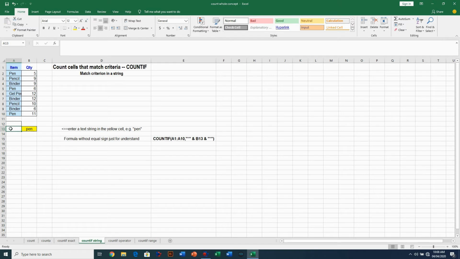So let's go to count if string. First we apply the formula, then I'm going to tell you what it does. Equals count if, then comma.